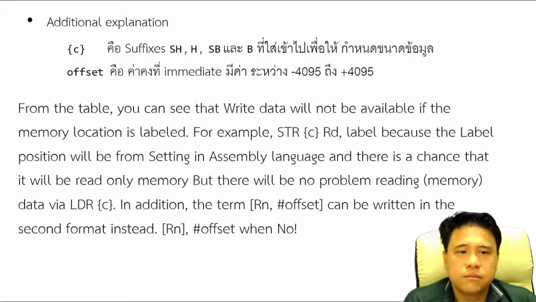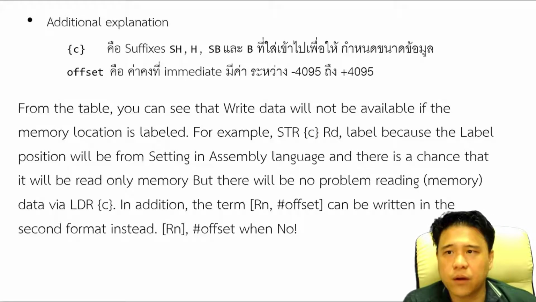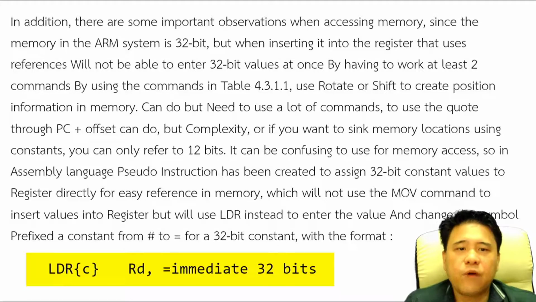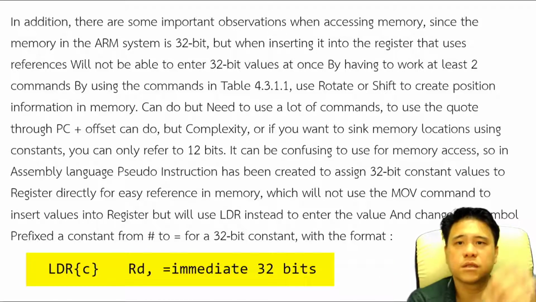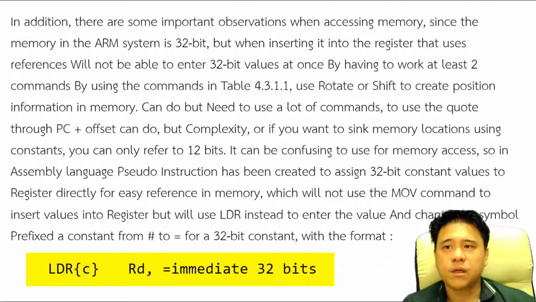Somebody will say okay, no problem. Yes, it's no problem at all. And one more thing that you may be a little concerned about is that if we would like to copy a 32-bit constant value and save it into a specific register, we cannot do it, right? Because when we use move, we can copy only a 16-bit immediate and store it into the highest or lowest bits of Rd.